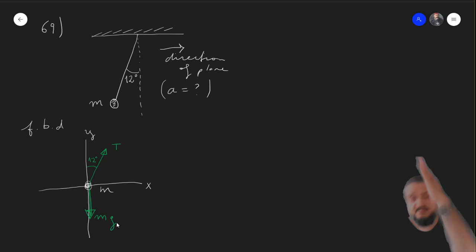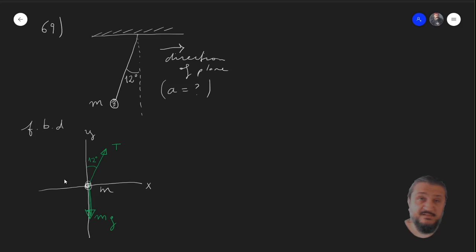So why is it making that angle? There must be something pushing it. So let me put a force here, like that. Okay, you could be tempted to do that, but that would be wrong, all right? There is no such force.